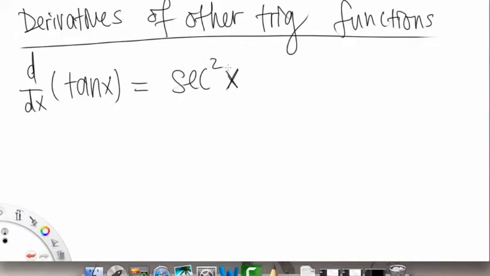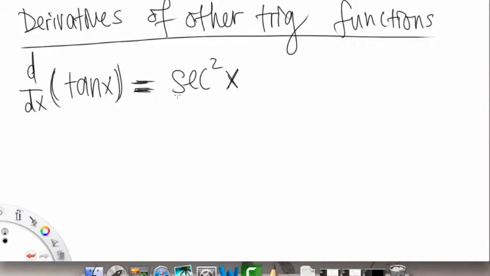Okay, and for this one, I'm not really going to go into too much detail, or any detail really, of why this is this. I think that sine and cosine were pretty complicated themselves, and in your book, I believe they're just listed, or they might have proofs in the book, but anyways, the bottom line, I'm just going to list the formulas and what the derivatives of each are, okay?